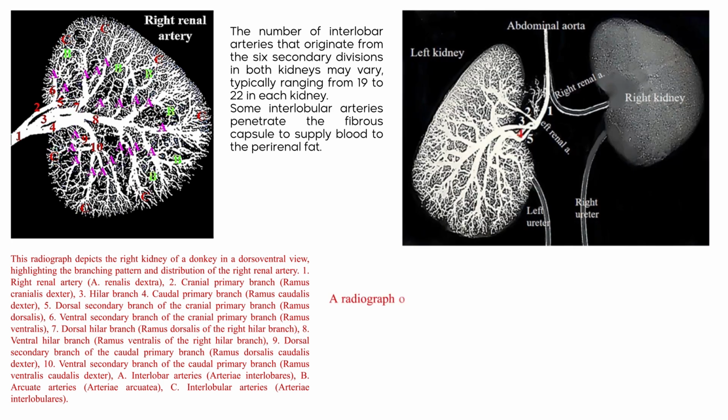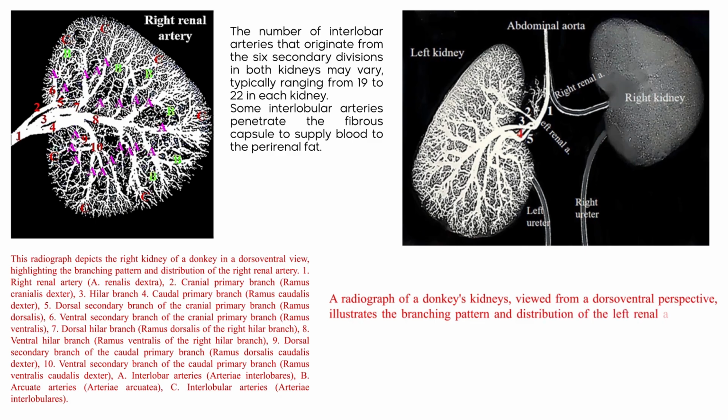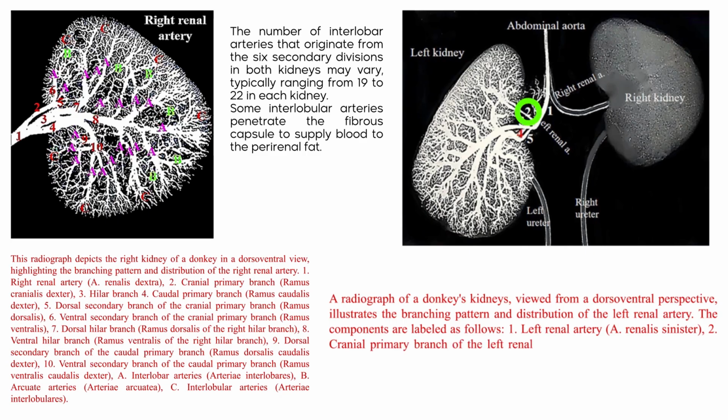A radiograph of a donkey's kidneys, viewed from a dorsoventral perspective, illustrates the branching pattern and distribution of the left renal artery. The components are labeled as follows. 1. Left renal artery, A. renalis sinister. 2. Cranial primary branch of the left renal artery, ramus cranialis sinister. 3.